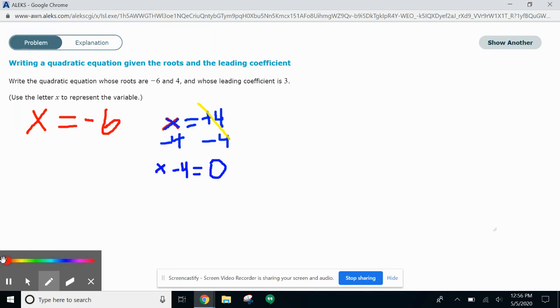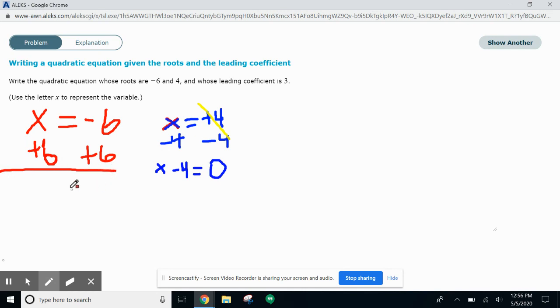And if I go to my red problem, I'll do the same thing. Plus 6 on both sides. Beautiful. And this will give me x plus 6. Those canceled out to make a 0.